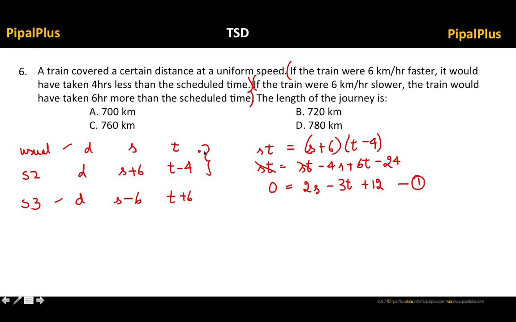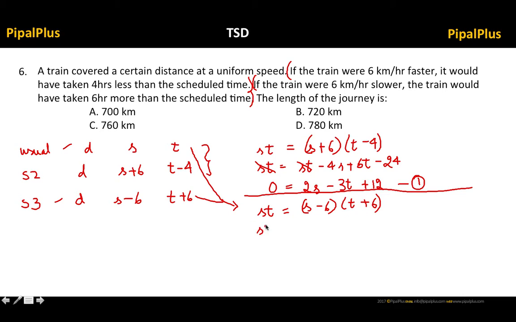So this time what I'm going to do is combine this statement and this statement, right, to get s into t. So let me just draw a line here. So we get s into t, which is s1 t1 of the first situation, the usual situation, equals s2 t2, which is s minus 6 times t plus 6, right?